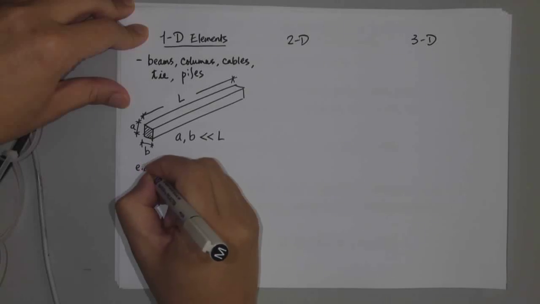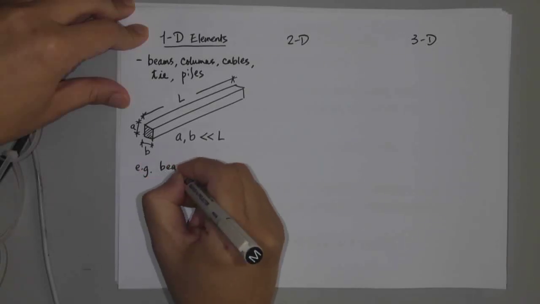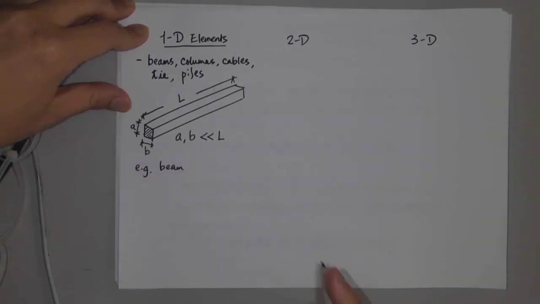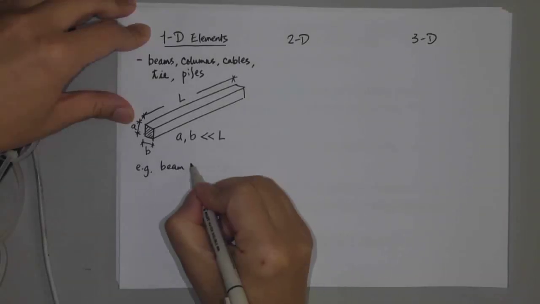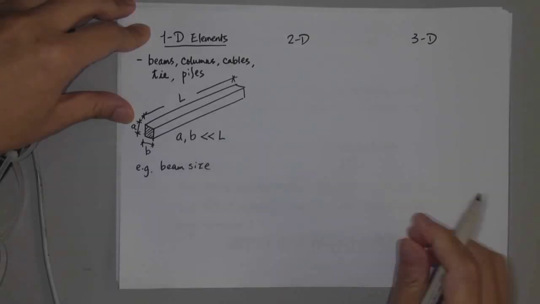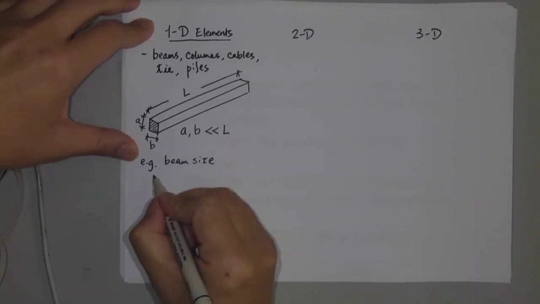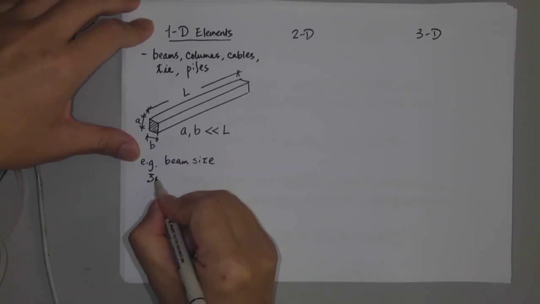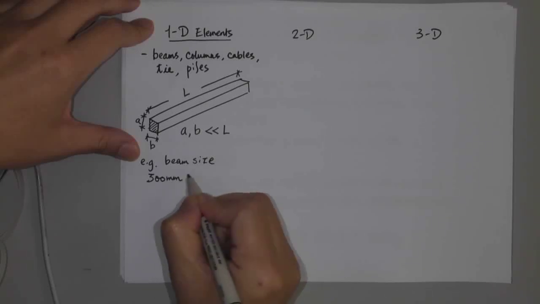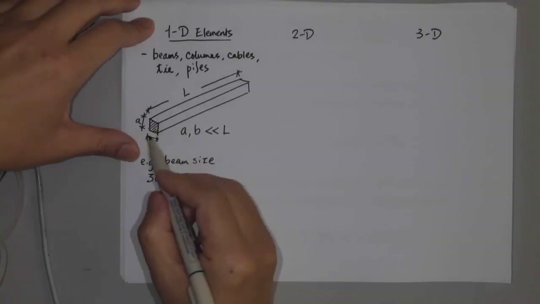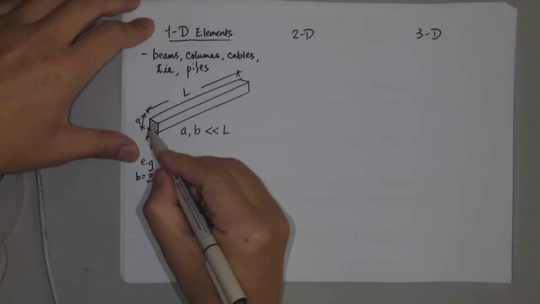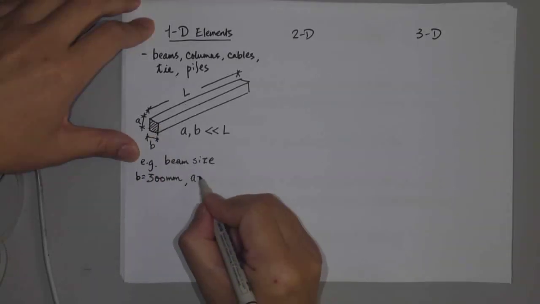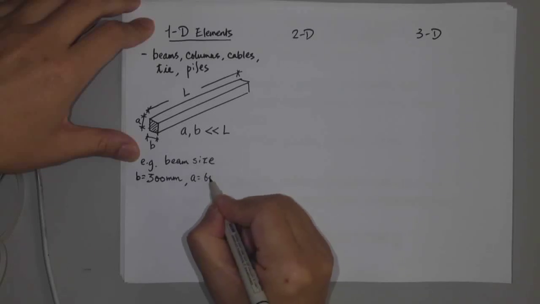Example, for a typical beam in a building, or let's say a residential building, a typical beam size could be, let's say, 300 millimeters for B, and then A, the depth, let's say 600.